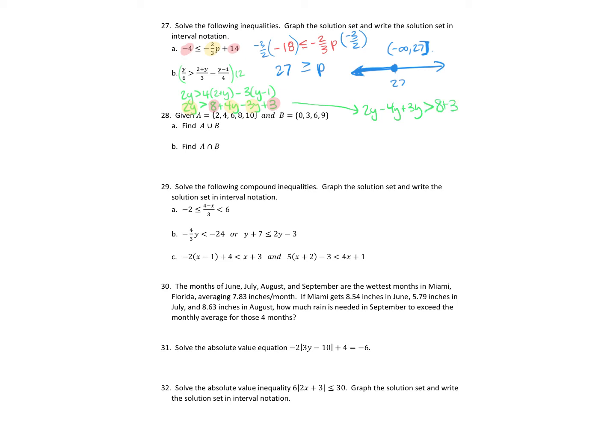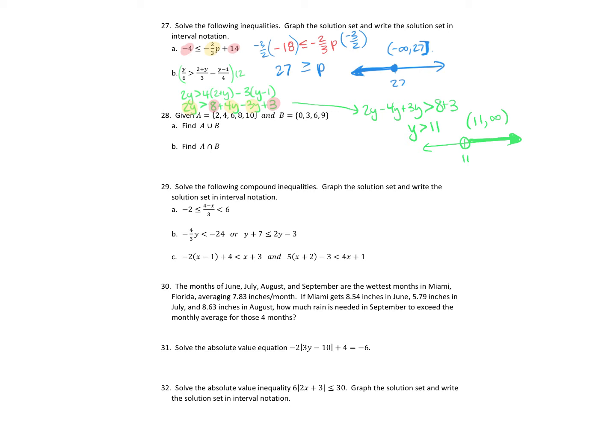So if I add that all up, I get y is greater than 11. So I can graph that on a number line. So strictly greater than 11, so we're going to put an open circle there on 11 and shade that direction. So the interval notation is 11 to infinity. And remember, we always have a parenthesis on infinity because it's not a number.